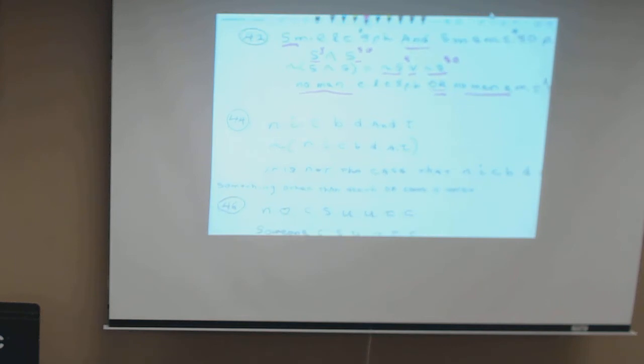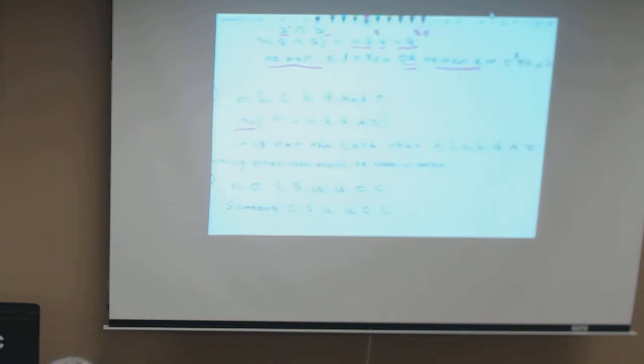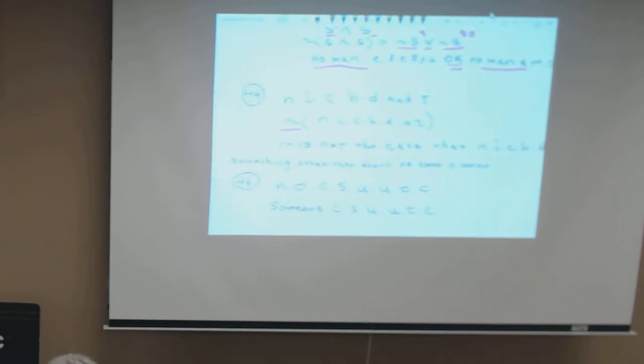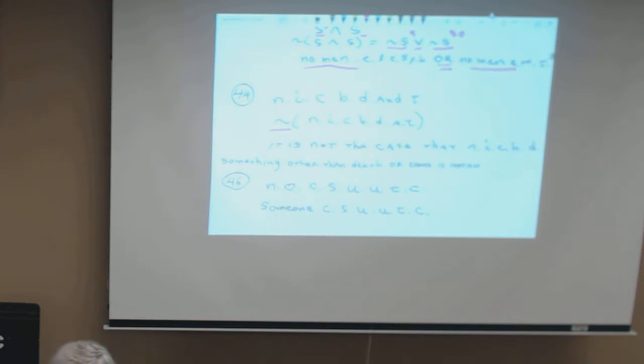Number 44. Nothing is certain but death and taxes. So you say, well, then to negate it, I would say it's not the case that nothing is certain but death and taxes. So I wrote out in words, it's not the case that nothing is certain but death and taxes. So is there another way to say it? Nothing. How do you negate none?